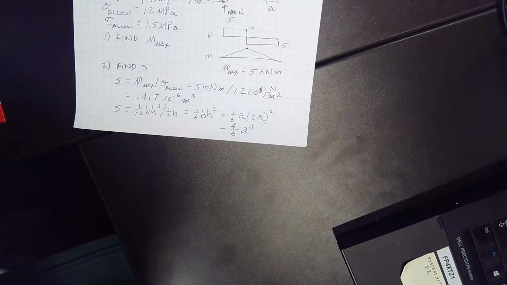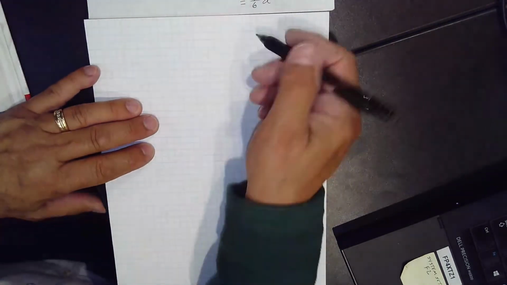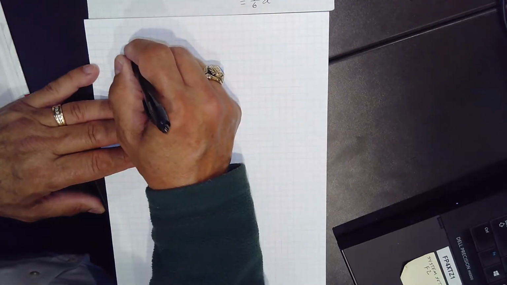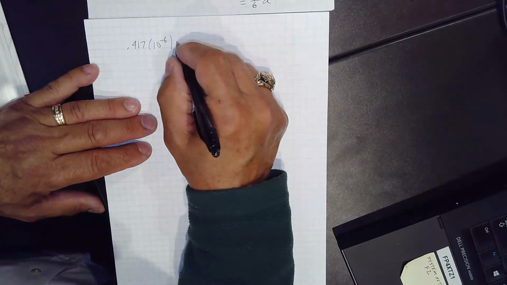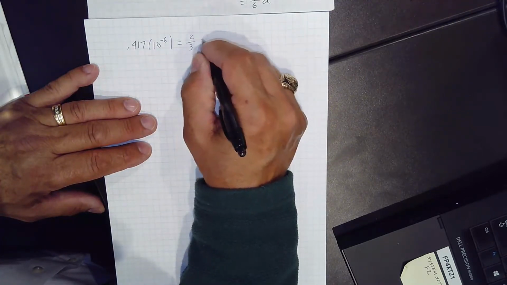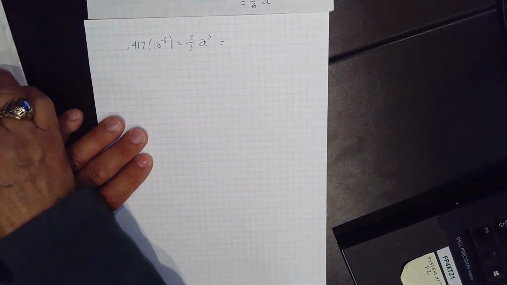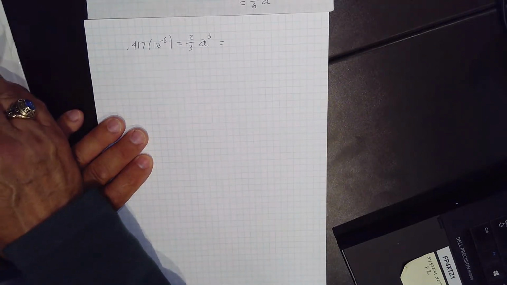So now we got to calculate what that is. So we said that S was 0.417 times 10 to the minus 6 meters cubed, and that's got to equal 2/3 A cubed. Let's see, so multiply by 3 to divide. Now we take the third root.